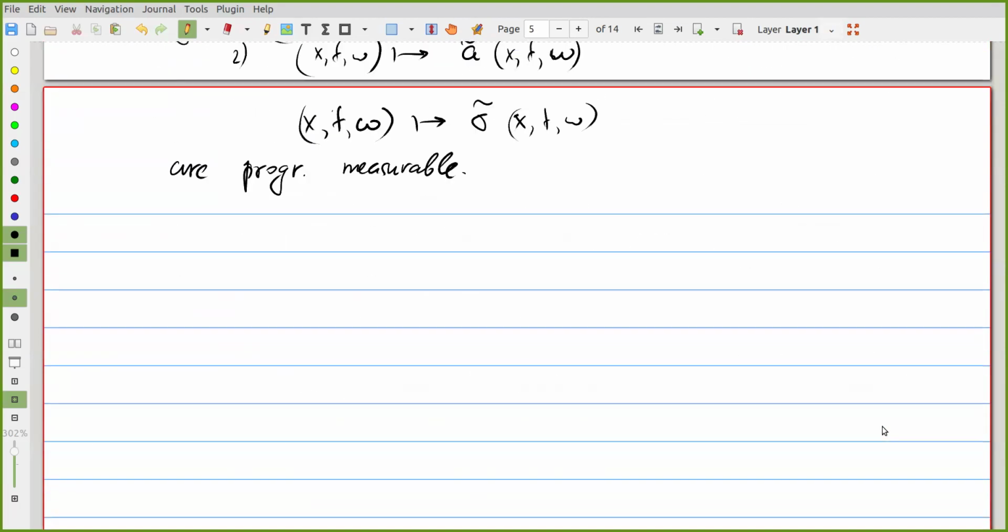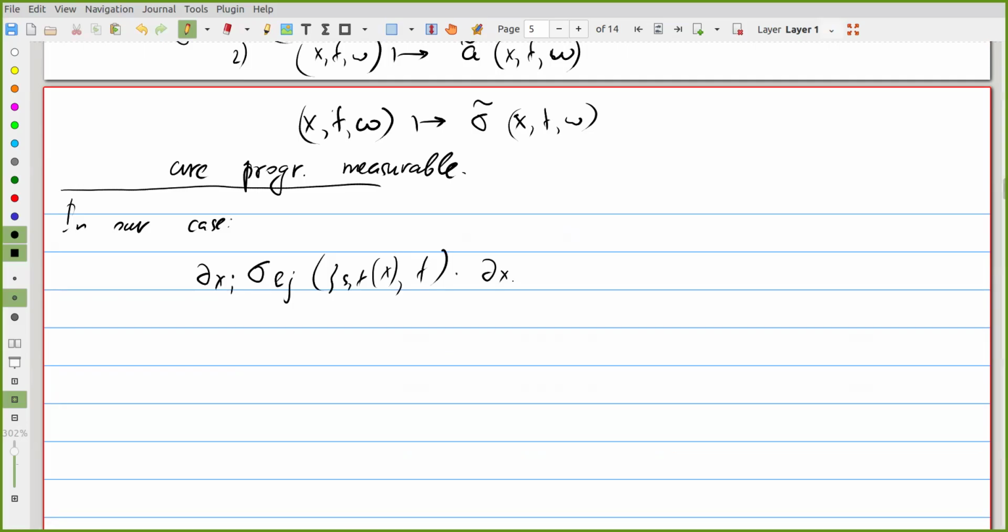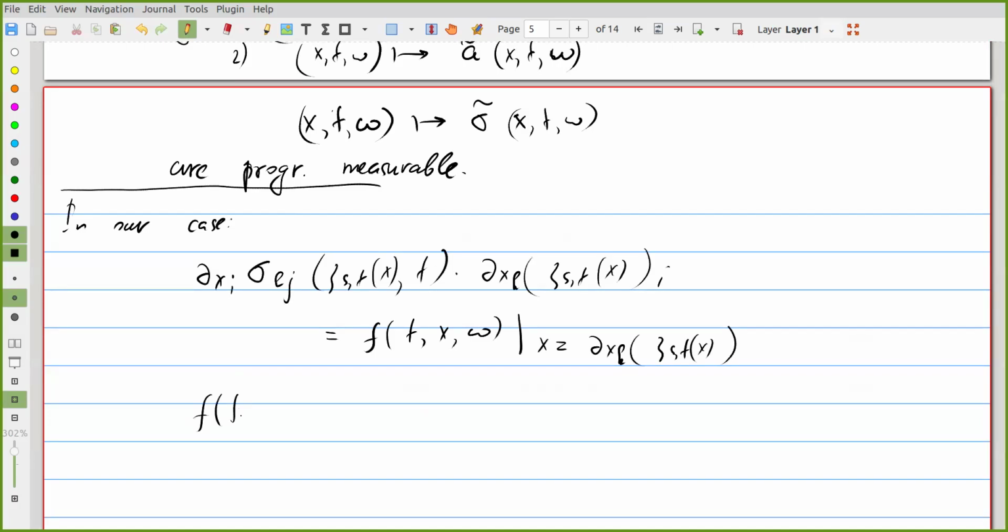Now, to understand what happens in our case, we have the following coefficients: σ_{lj}(ψ_{s,t}(x), t) ∂_k ψ_{s,t}(x), and it can be written as a function of (t, x, ω), where x is just the e-th coordinate of our process.